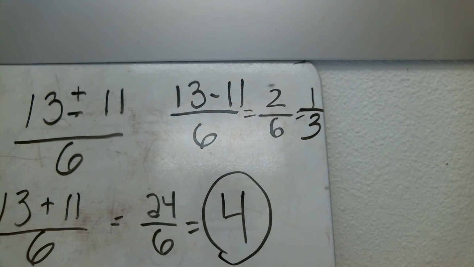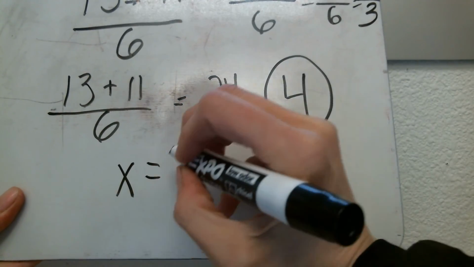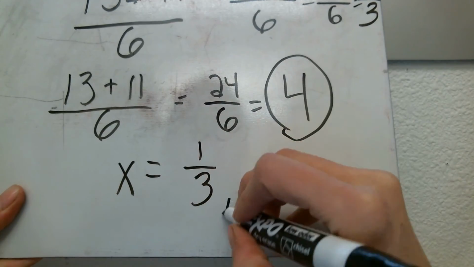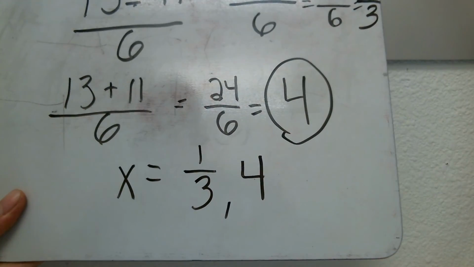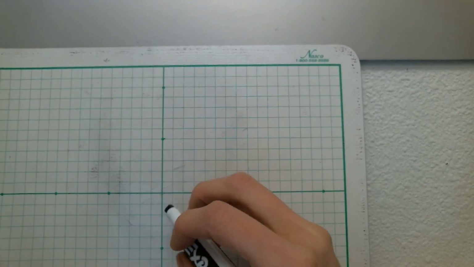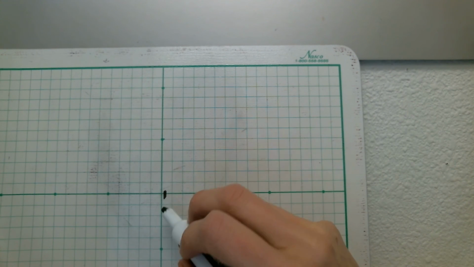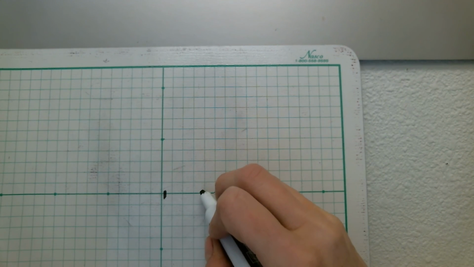So what this means is if I were to graph this, my x-intercepts, I could answer it as x equals 1/3 and 4. So if I were to look at a graph, my x-intercepts are going to be 1/3, somewhere around here, and 4.